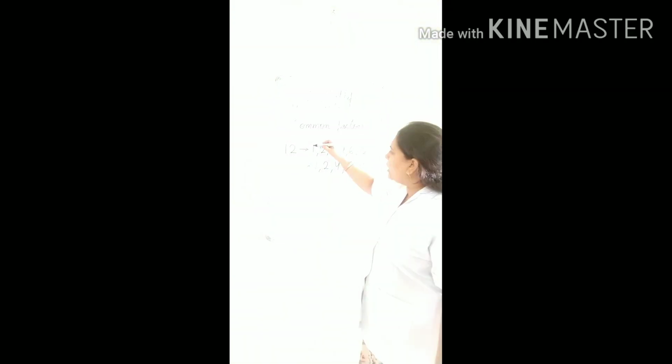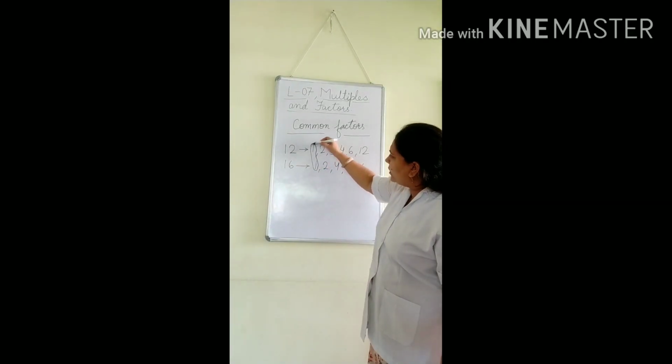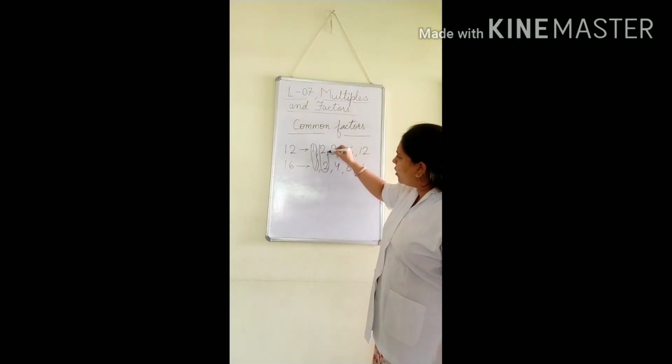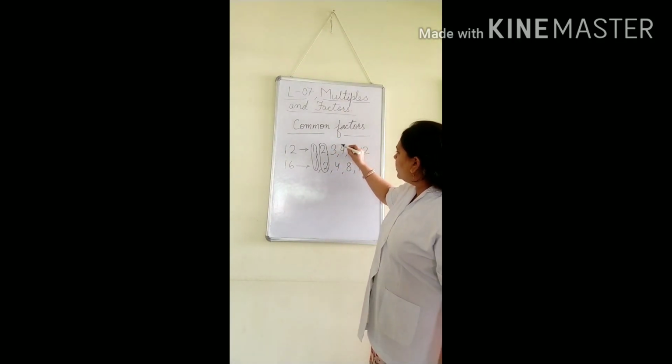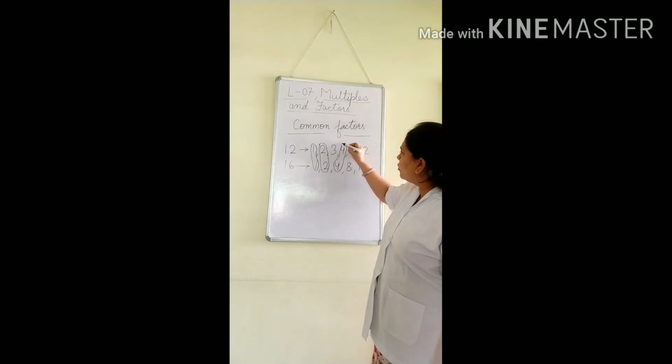Now we see the common among them. 1 is common here, 2 is common here and 4 is common here.